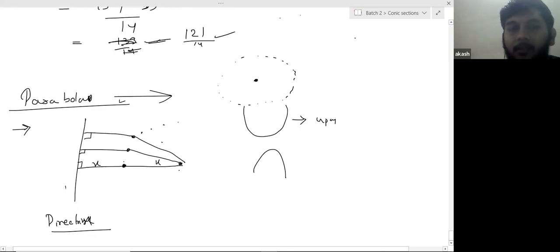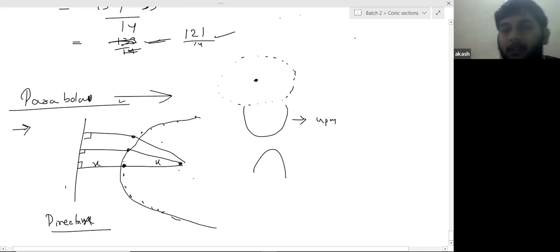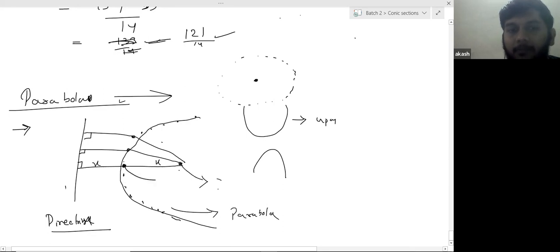And this way we get a shape like this. This is called a parabola. This fixed point is called the focus. This is the directrix. And this curve we get is the parabola.